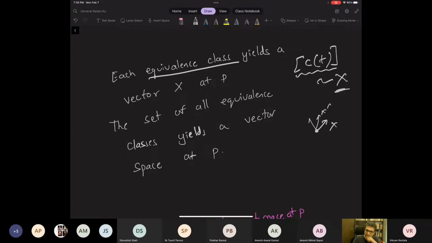So I'll get an X prime, X double prime, and so on. Eventually, when I take all of these together, this yields a vector space at P.